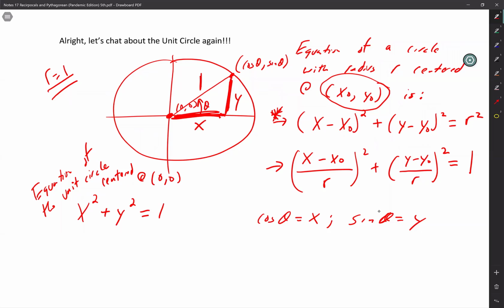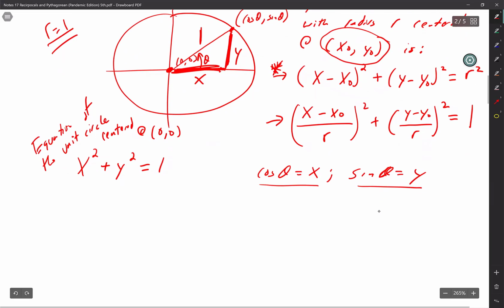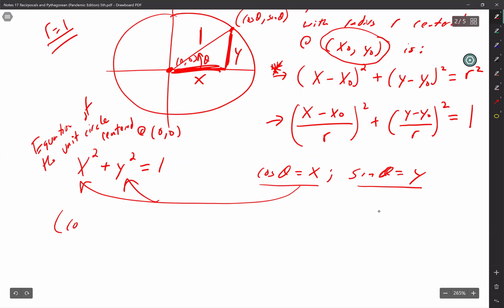Okay. So now I can just substitute these into this, x and y. So x is just cosine theta, put a square on it, plus y, which is just sine theta, put a square on it, equals 1.